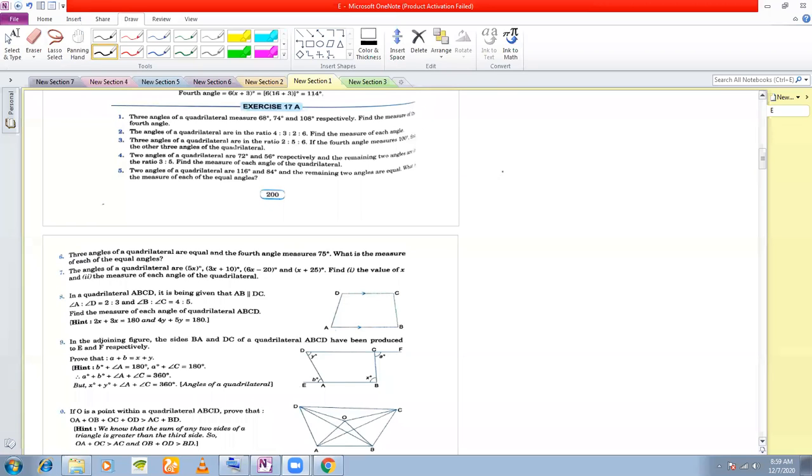For a polygon with n sides, what is the sum of interior angles?